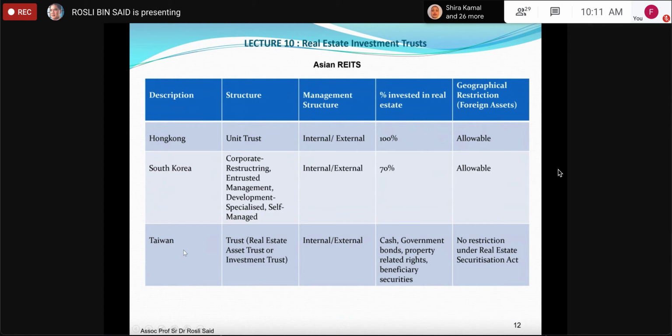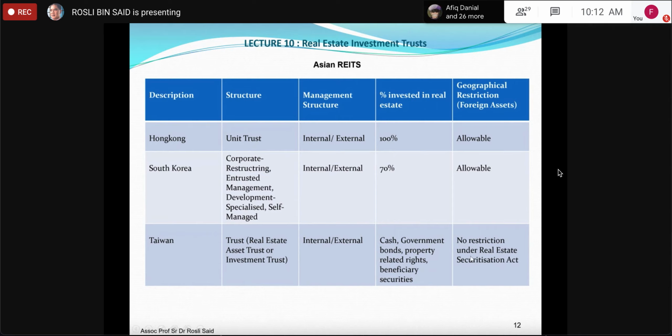Taiwan, there is no limit, but in terms of investment, it must be cash, government bonds, property-related rights, or beneficiary securities. So basically, they can get involved in government bonds, what we call gilt-edged stock, something like that.